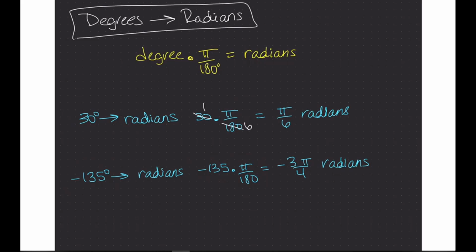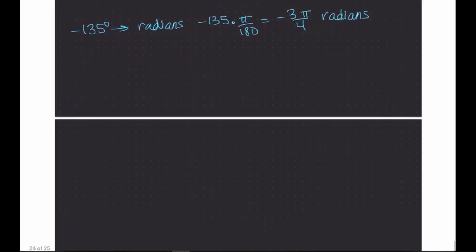So if we can go from degrees to radians, guess what else we can do? Radians to degrees. Oh, you want to know how to do those? Okay. So going from radians to degrees.